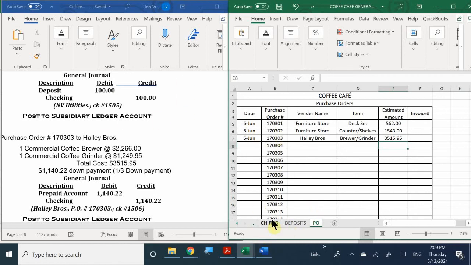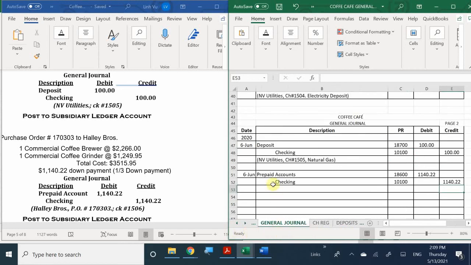And now I can go to my actual journal and go ahead and complete my transaction here. So once again, the vendor that I'm working with is Haley Bros. Okay. This is for the PO number 170303, right? This purchase order, right?